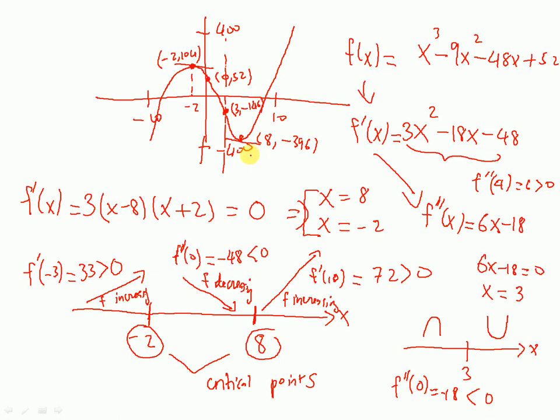So your first derivative should tell you where your function is increasing or decreasing, and your second derivative test should tell you where your function is concave up or concave down. And the point here, where you got the maximum value, is called the local maximum.